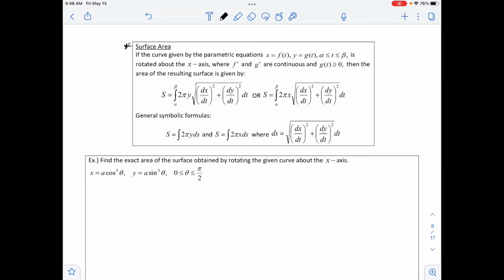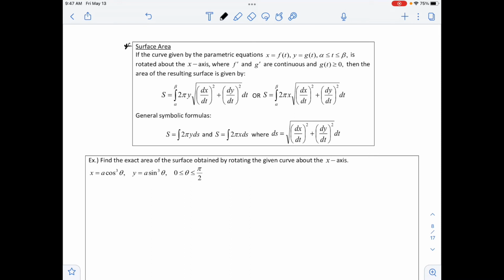This says that if a curve is given by the parametric equations x equals f of t and y equals g of t for values of t between alpha and beta, is rotated about the x-axis where f prime and g prime are continuous and g of t is greater than or equal to 0, then the area of the resulting surface is given by the integral of 2 pi y times the square root of, and that's arc length, dt, or the surface area would be the integral of 2 pi x, and then again that arc length dt. And it says a general way of thinking about it is also given.